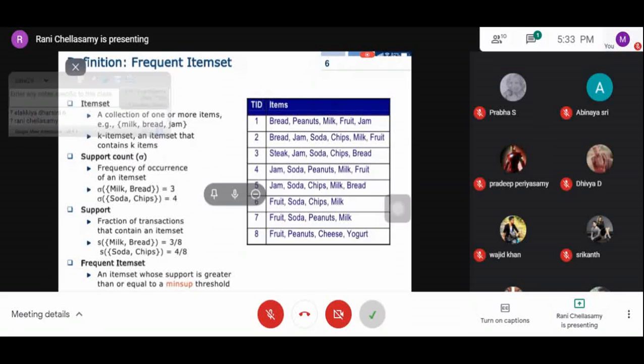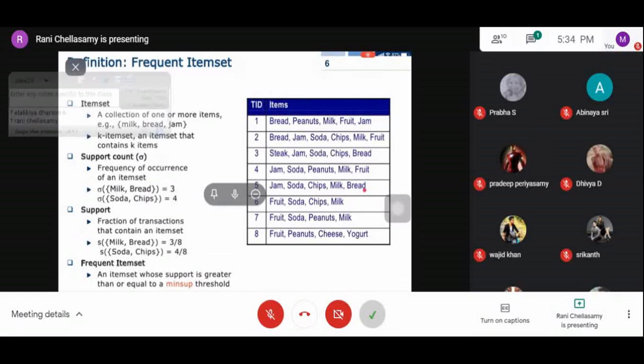For example, find the support count of milk, bread. See here, milk and bread are in the first transaction, so the count is 1. Milk and bread are also in the second transaction, 2. Then you have milk and bread in the 5th transaction, the 3rd count.